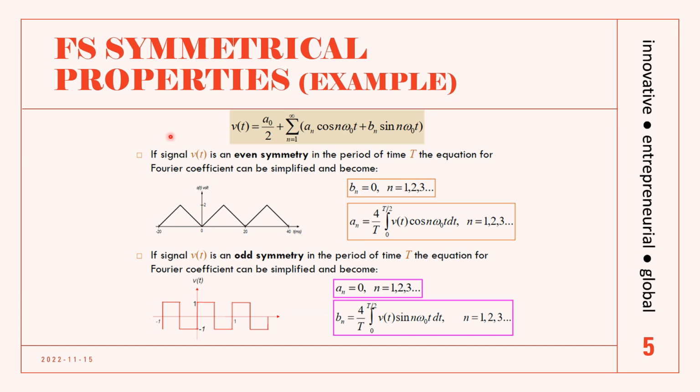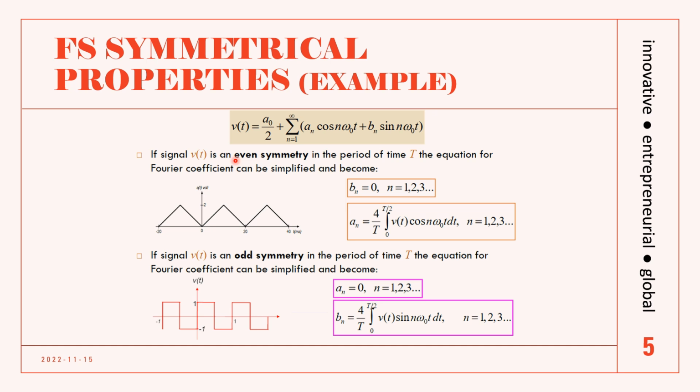In this case, we have our Fourier series symmetrical properties example. You are given this general equation. For example, if the signal Vt has even symmetry in the period T, the equation for the Fourier coefficients can be simplified.